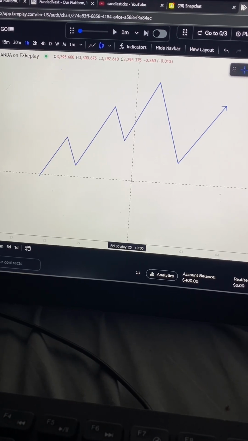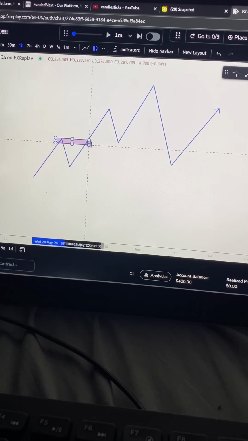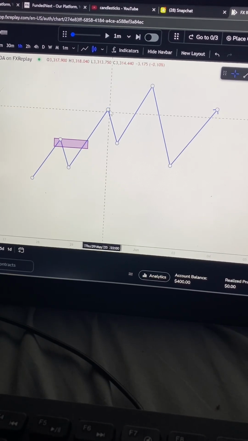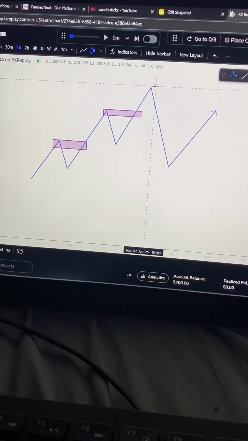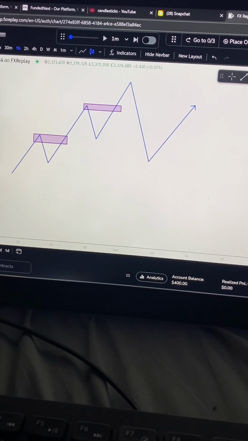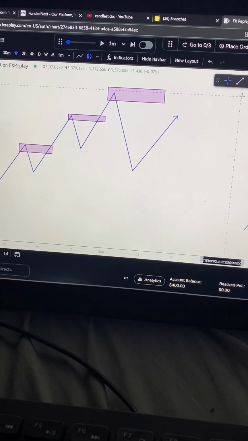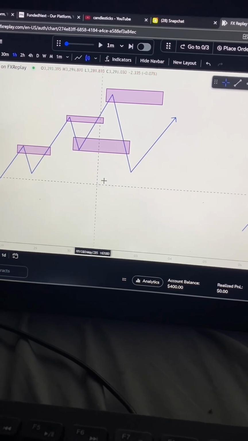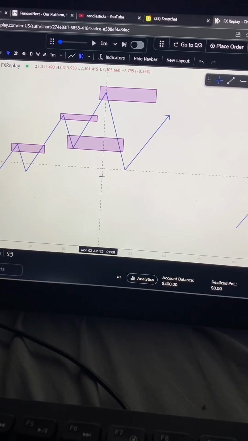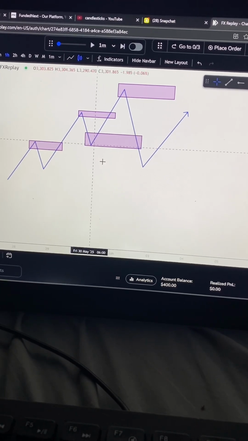The correct answer is that this is now a downtrend, because the market broke past this level, making it an uptrend. Then it broke past this level as well, making it an uptrend. But then instead of breaking past this level right here, it failed to do that. The market reversed down, then it broke past the previous higher low. So this automatically makes it a downtrend after it broke past this level right here.